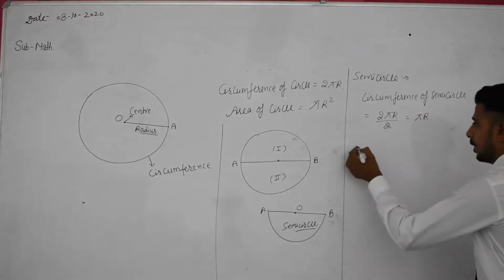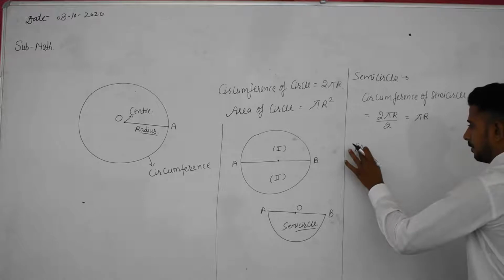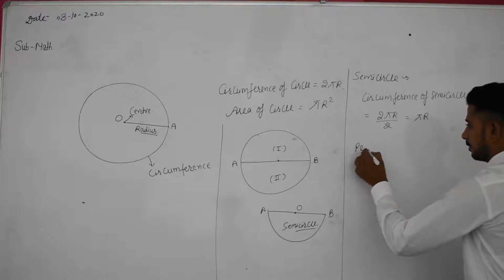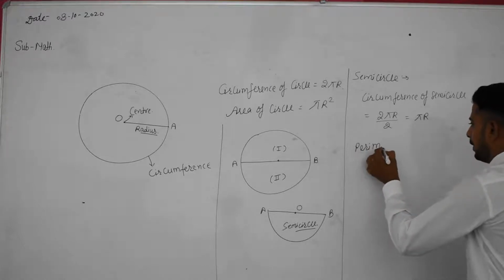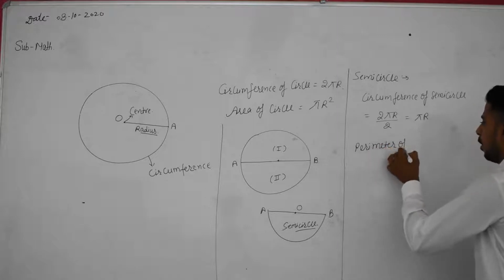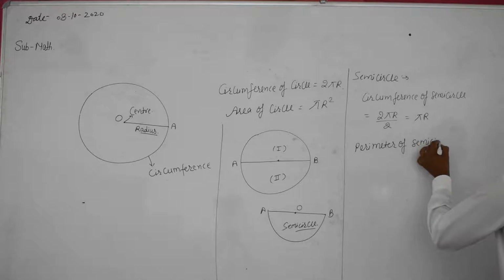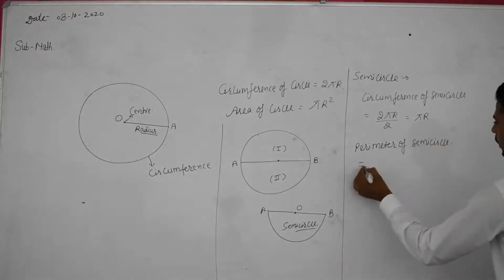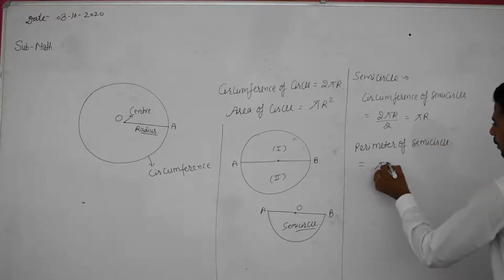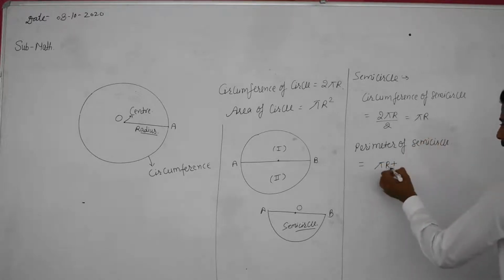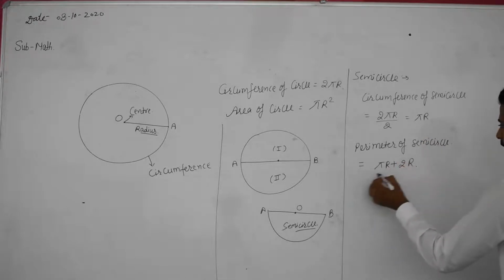Next, the perimeter of a semicircle. Perimeter of semicircle is equal to pi r plus 2r.